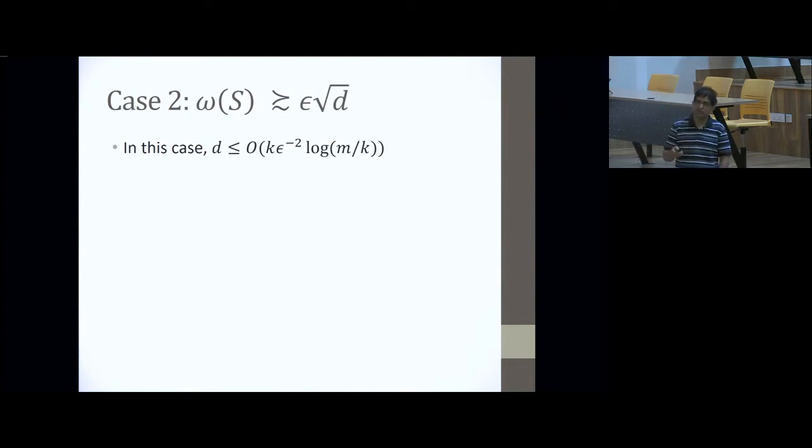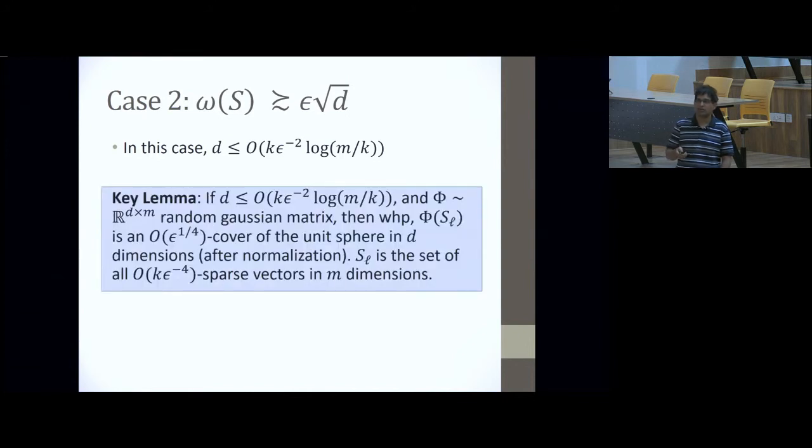Just by a choice of parameters, this means that d, the input dimension, is something like order k over epsilon squared times log factors. This is the key lemma in our work.